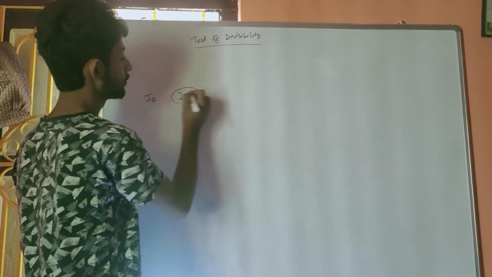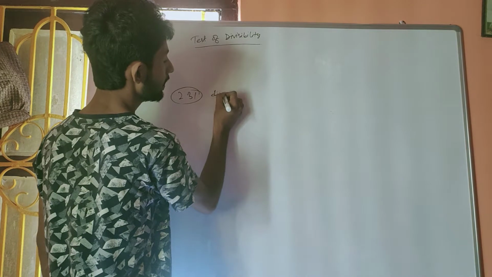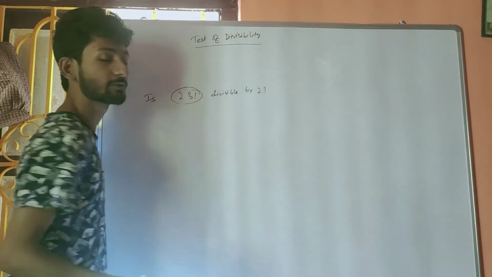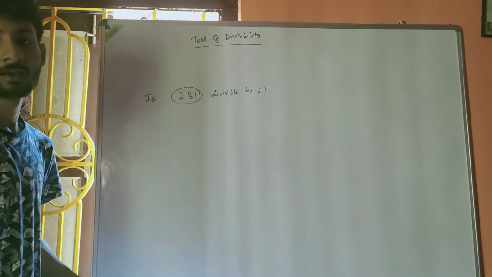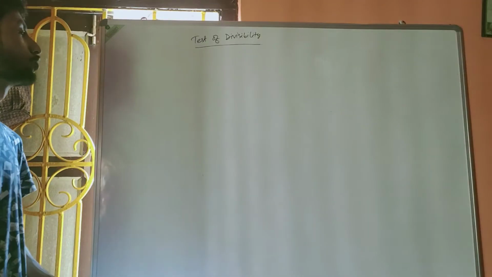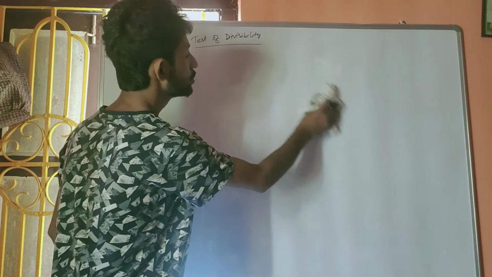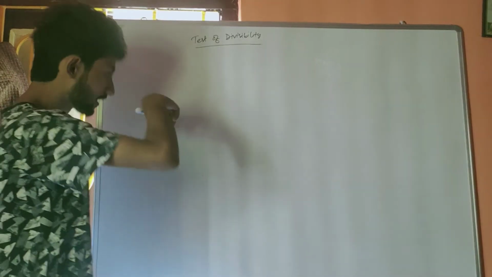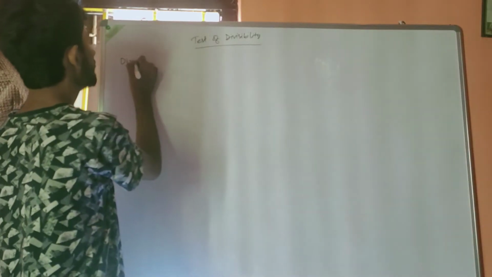Is 231 divisible by 2? First you have to divide, then you have to see. Right now, don't look at this one. We have a short method to identify which number will be divisible by which number.